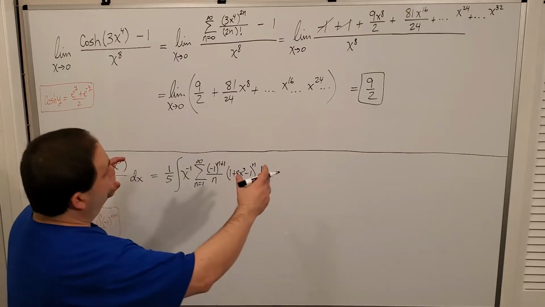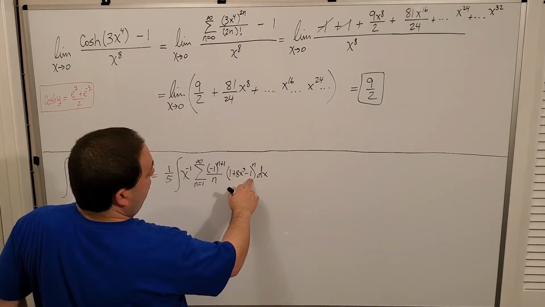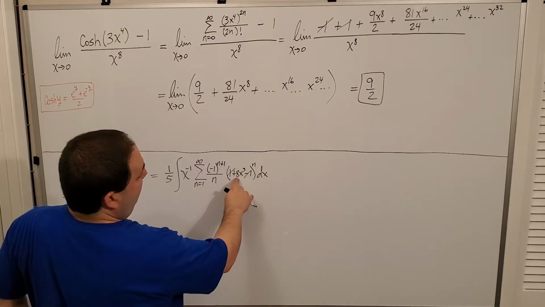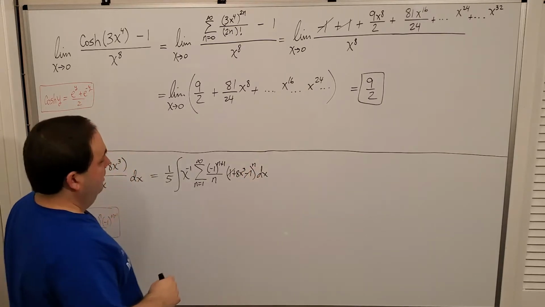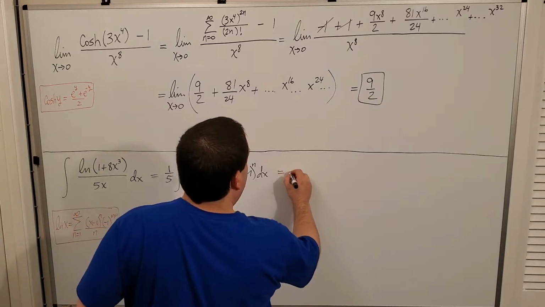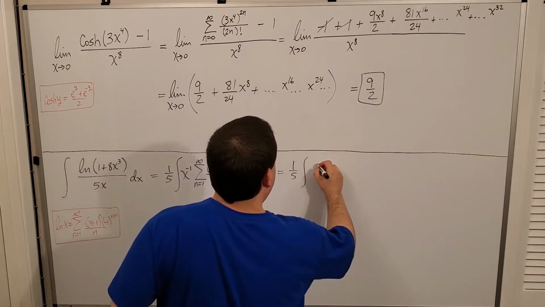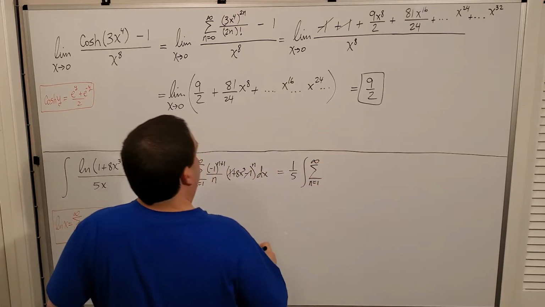Now let's try to consolidate and simplify this thing. Obviously, plus 1 and minus 1 are going to go away on these two. And then I'll have 8 to the n and x cubed to the n. And then I need to incorporate this other x here. So I have 1/5 integral of the summation from n equals 1 to infinity.